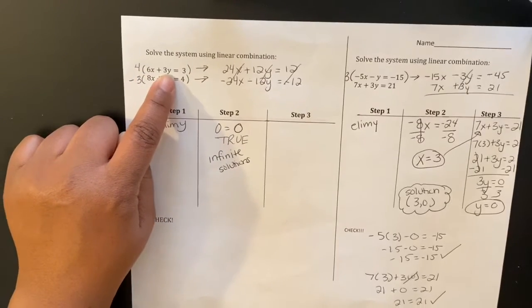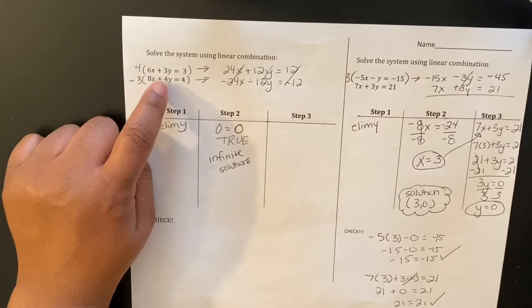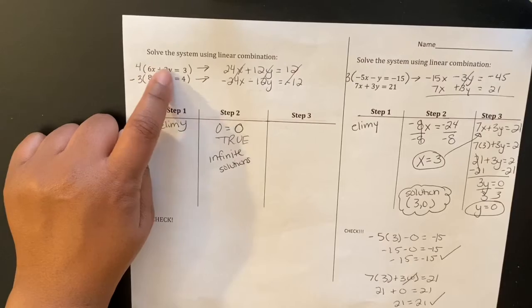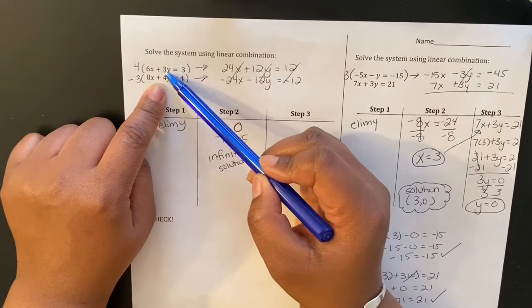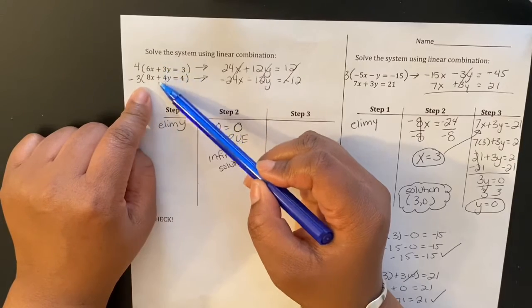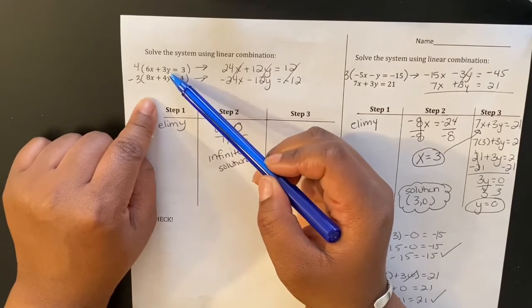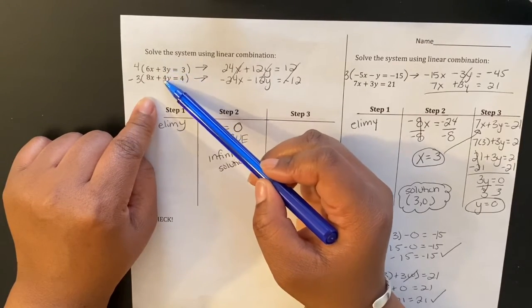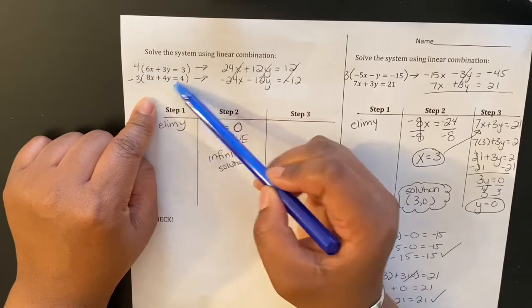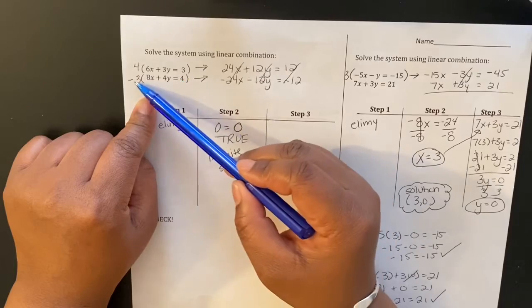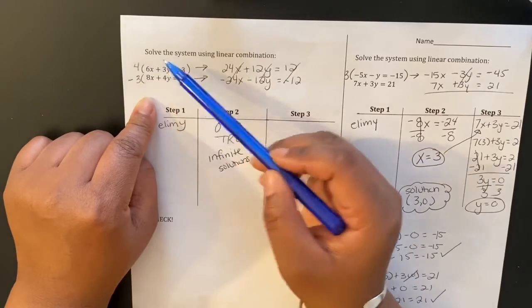So I had to ask myself, 3y and 4y, what can I make the 3 and the 4 so that it's the same number but opposite signs? I want to make them the same number, but with opposite signs so that they cancel out. So I want to make them both a 12. So I multiplied that 3 by 4 and that 4 by negative 3. That way it'd be a negative 12 and a positive 12.